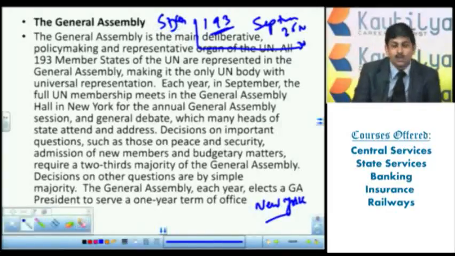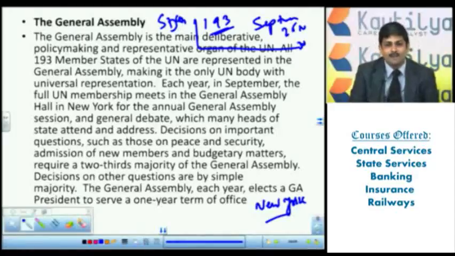What are these Sustainable Development Goals? They aim at tasks like eradication of poverty, eradication of hunger, and promoting a good environment. All these decisions were taken on that day.